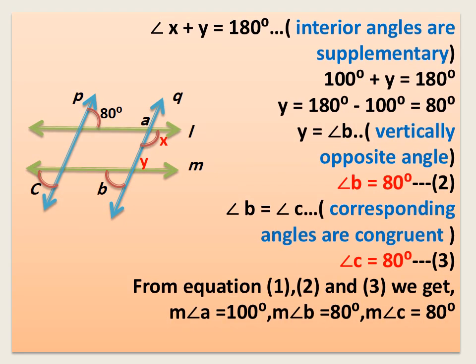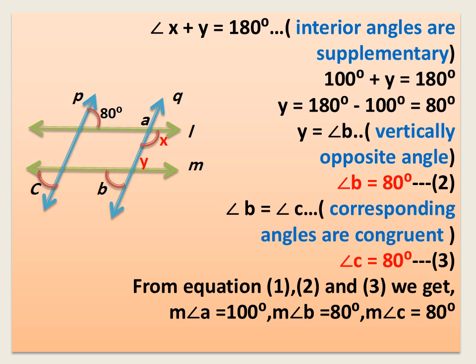Now taking transversal Q, here angle X and Y make interior angles. When two lines are parallel, the interior angles are supplementary. Therefore, angle X plus Y is equal to 180 degrees. Therefore, 100 degrees plus Y is equal to 180 degrees. Therefore, the value of Y will be 180 degrees minus 100 degrees.